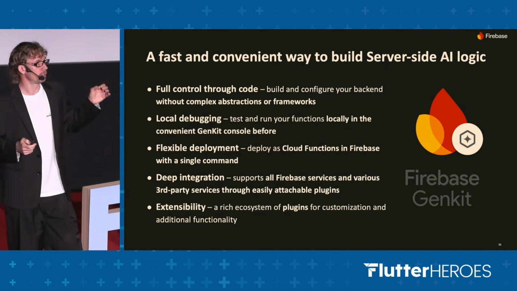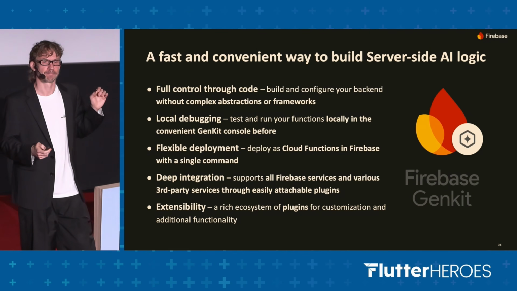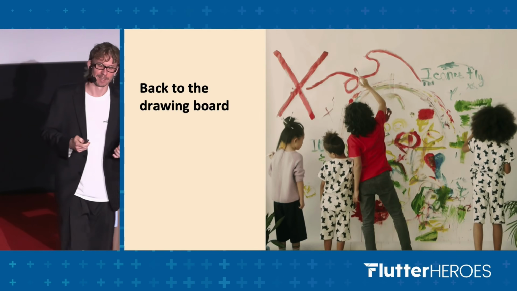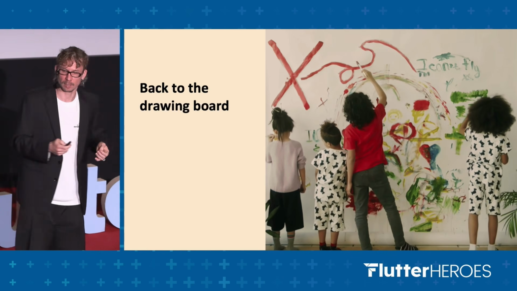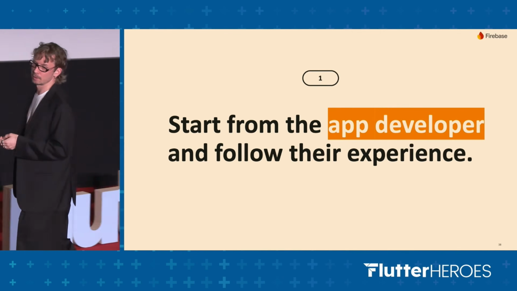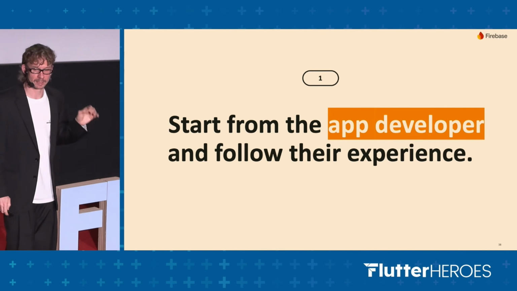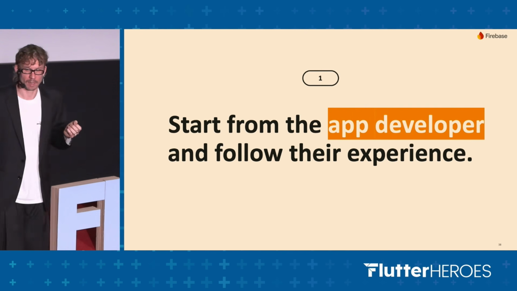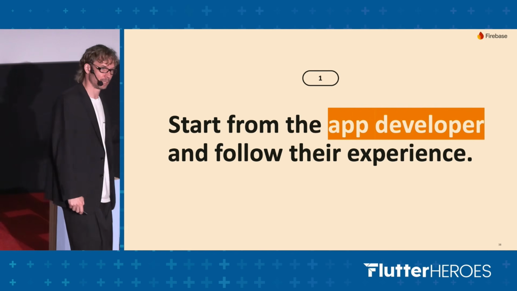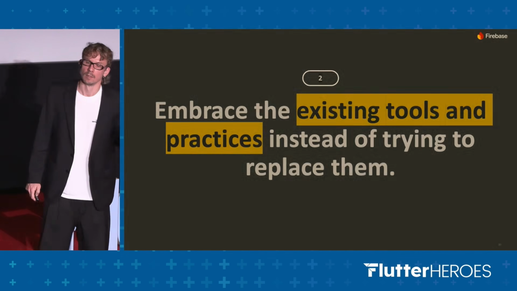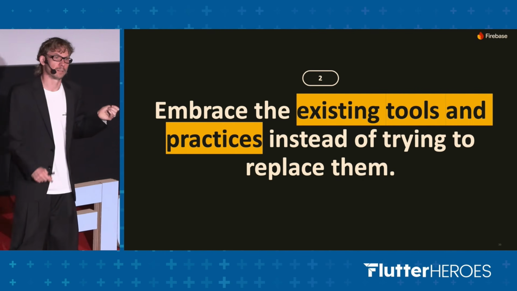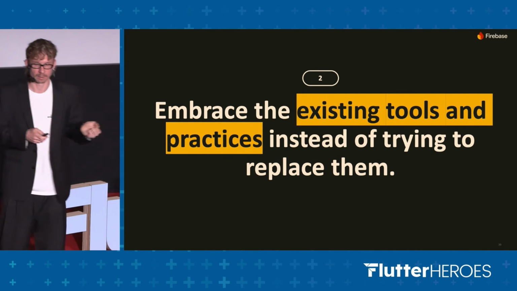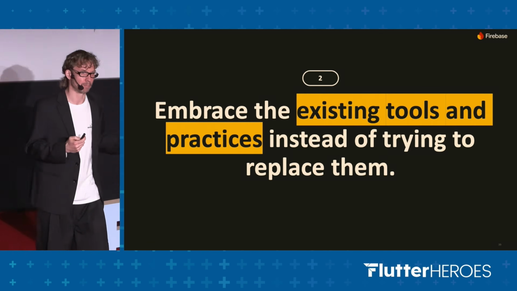I even have a few slides on how Google came to this approach. Back to the drawing board, as I would say. So this approach starts from the app developer, not the AI developer, and follows the app developer experience. So in this approach, it doesn't replace existing tools and practices, but embraces them.